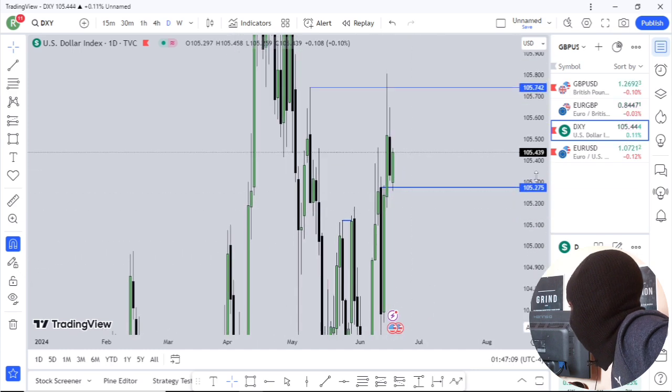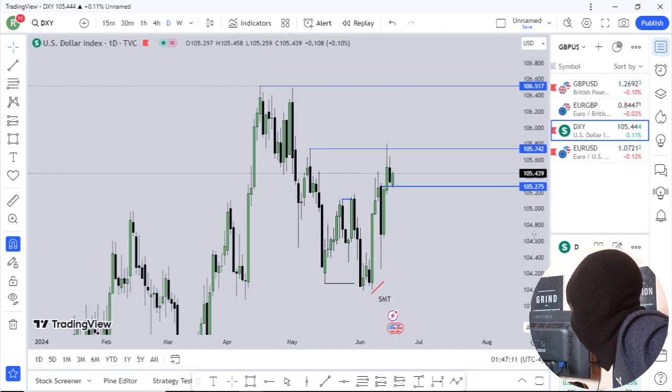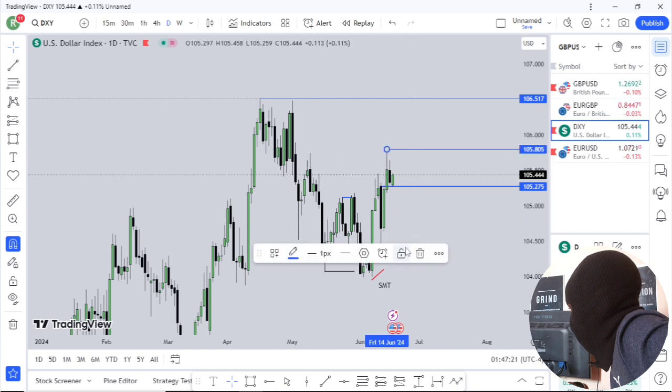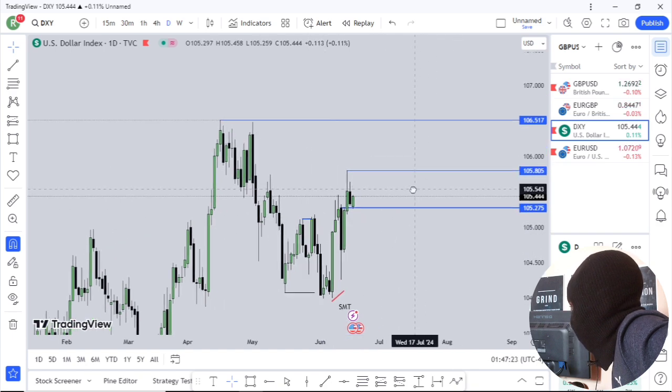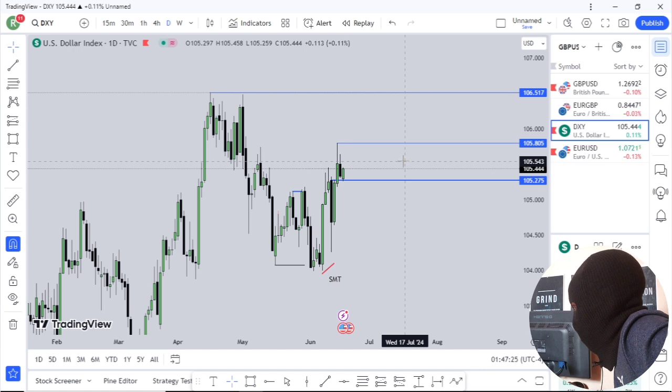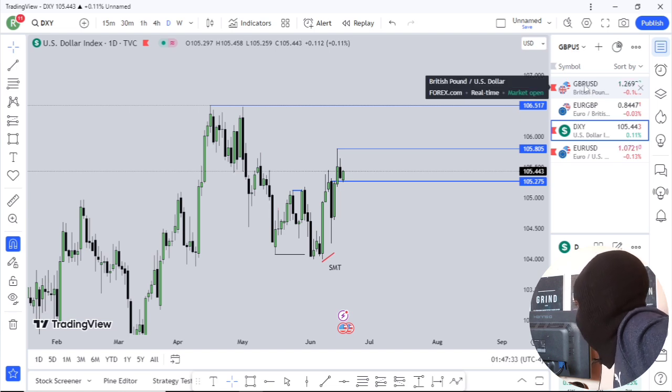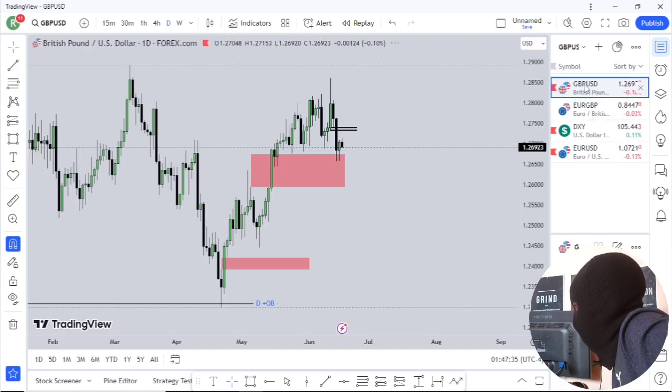Right at this point, I'm expecting bullish prices, something like above this level here. Let me remove this. So for the dollar right now, I'm expecting bullish prices. That means if I go to the pair that I trade, GBP USD or Euro USD, I should be expecting lower prices for that day.